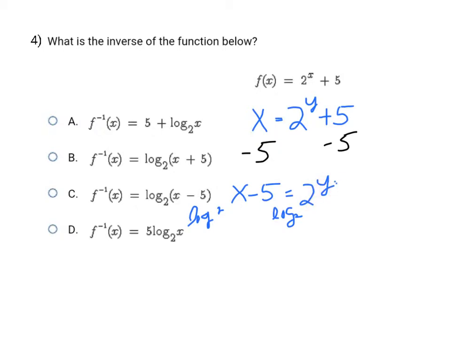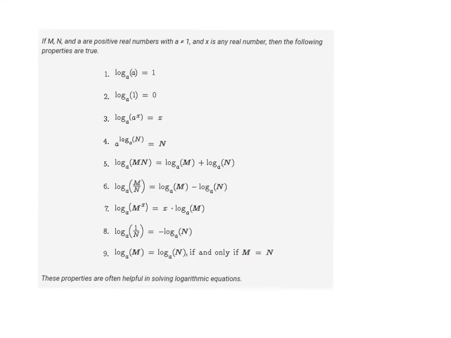So when I do that, I end up with the logarithm base 2 of x minus 5. And then on my left side here, the base 2 and the logarithm base 2 cancel out, and I'm just left with a y. And now that I have y by itself, I have my inverse, so my answer here is going to be C.